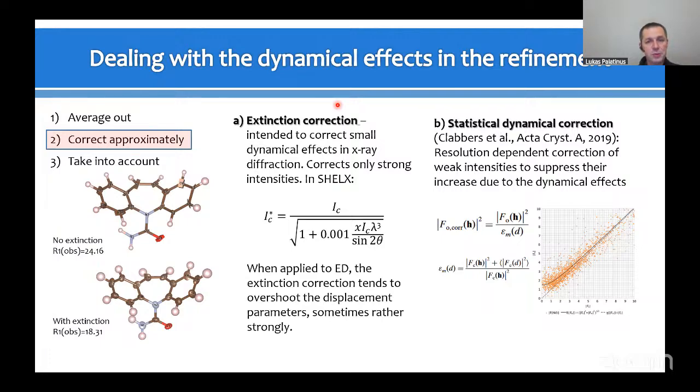It's possible to use this correction also for electron diffraction, but because this correction is semi-empirical and intended for only small dynamical effects, its power for electron diffraction is limited. But often it works. So it's a good tool to use if needed.